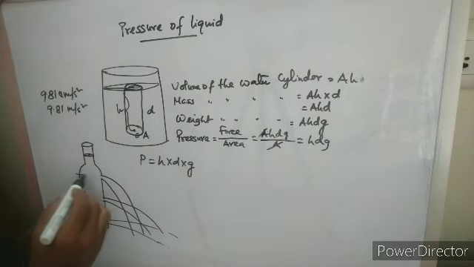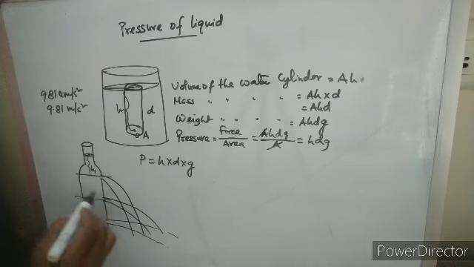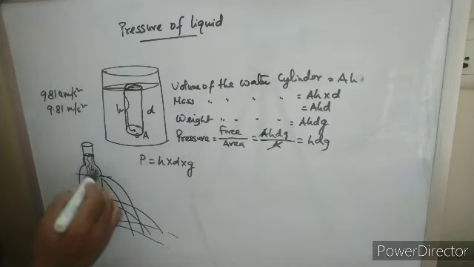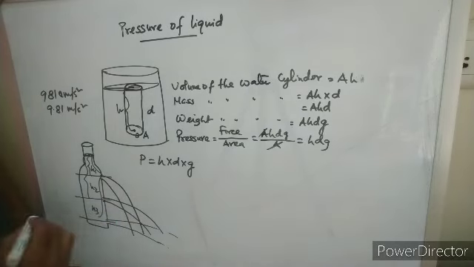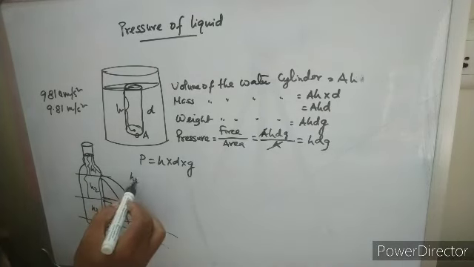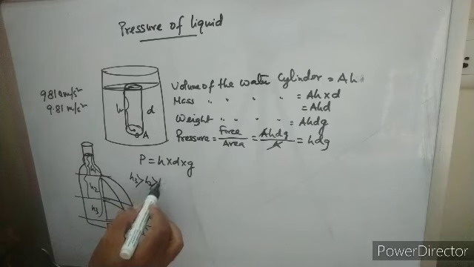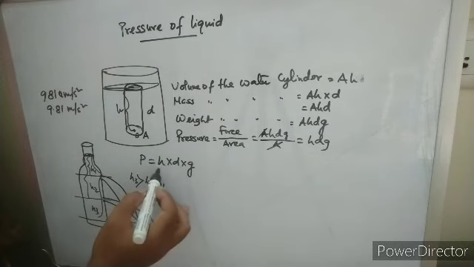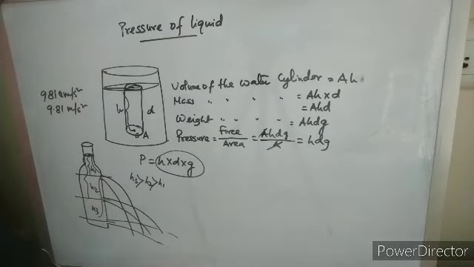At this point, this is the depth H1. If we consider this is the depth H2, and another depth if we consider this is H3. So it is very clear that H3 is greater than H2, which is greater than H1, and as in the formula h d g, the gravitational acceleration cannot be changed.